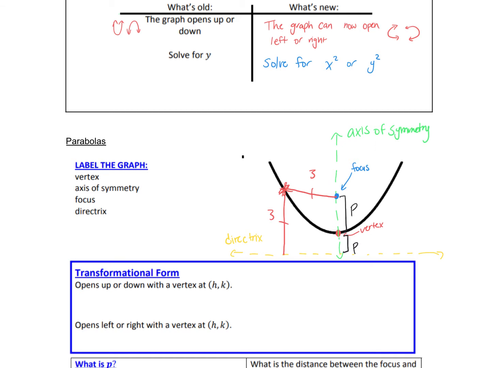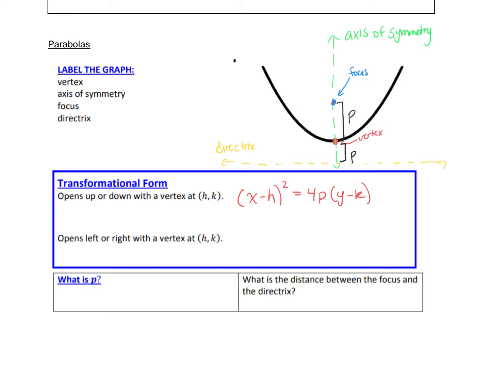All right, moving on. Transformational form is the one we're going to be using most often for this unit. This first equation is when our x is squared, so it's going to open up or down. That's the one we're used to seeing.